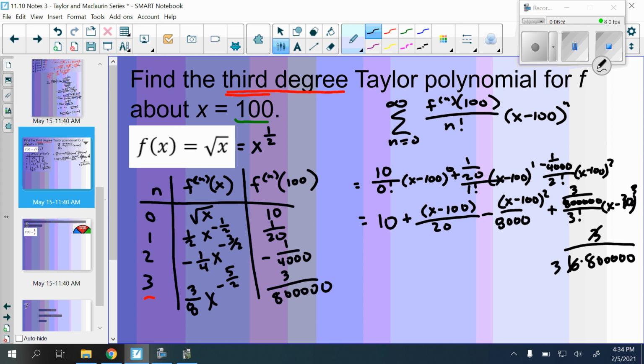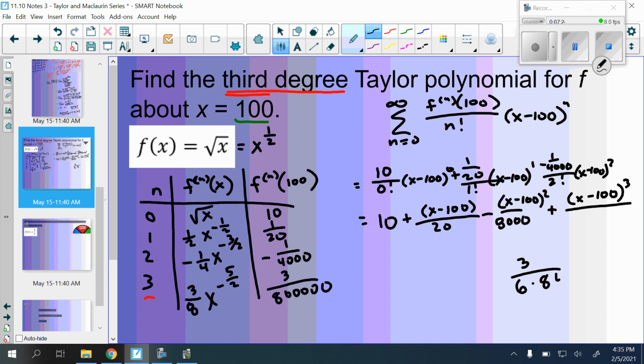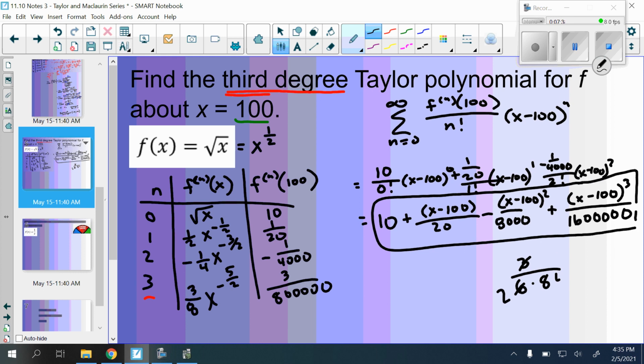So if we simplify all that, our last one ends up being x minus 100 to the third power all over, yeah, so the 3's would cancel because we had this times that, so this would be a 2. So 2 times 800,000. So that would be our third degree polynomial.